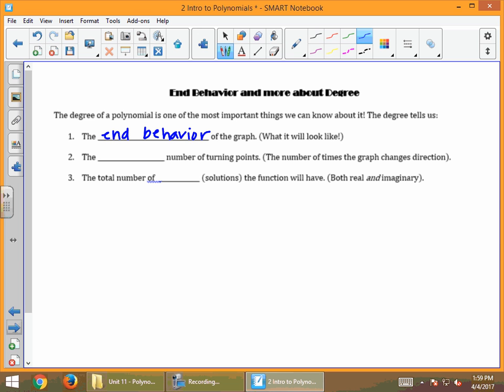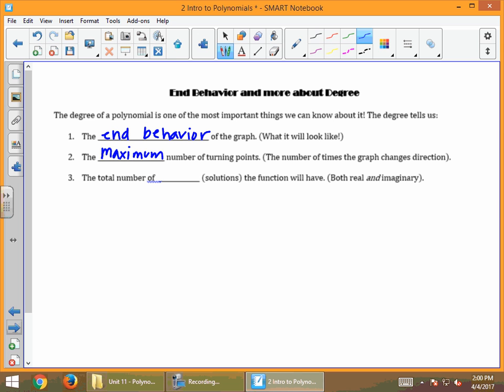Okay? By just knowing the degree, we can figure out what the ends of the graph are going to look like, what direction they're pointing. If we know the degree, we also know the maximum number of turning points, so how many times the graph changes direction or how many curves there are in the graph.